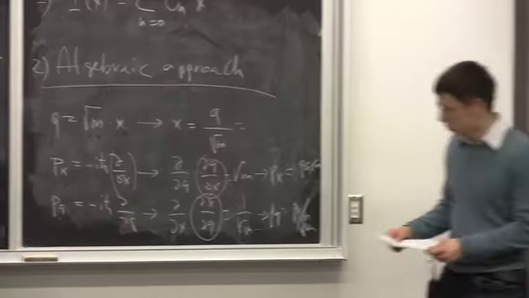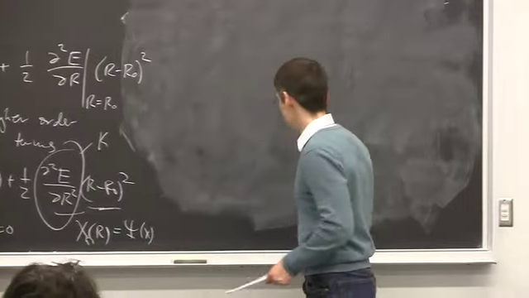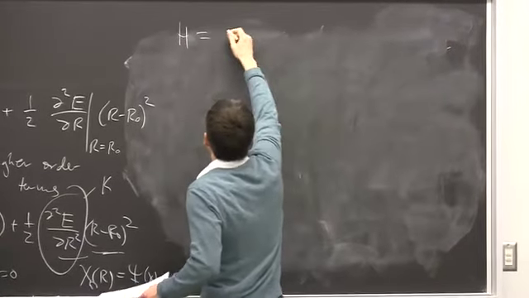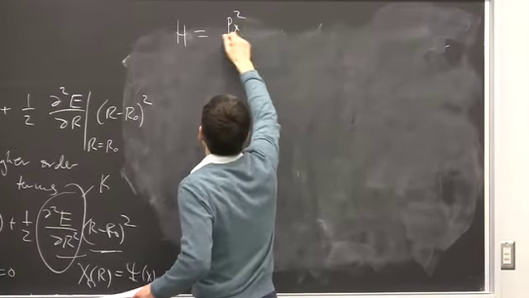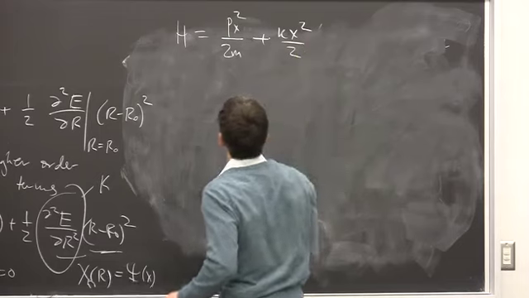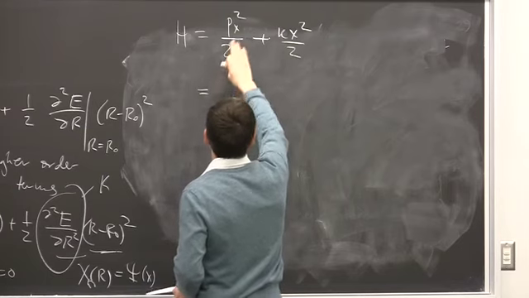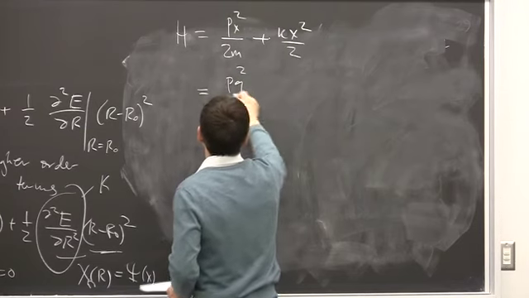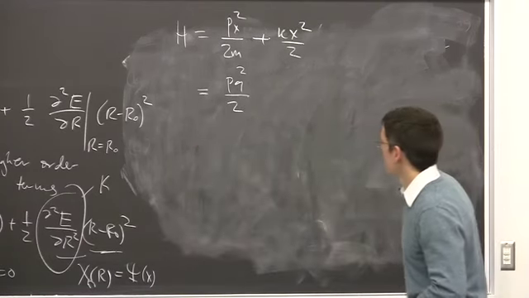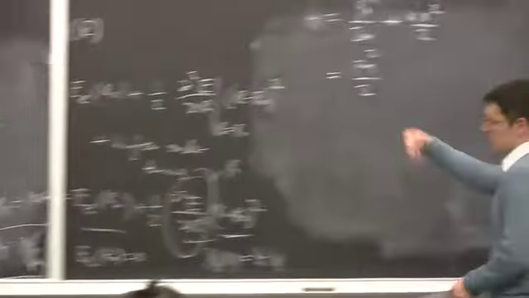Okay? So I'm doing all this not to confuse you, but rather, instead of dealing with the Hamiltonian, which was px squared divided by 2m plus kx squared divided by 2, I can write it down as pq squared divided by 2, because pq is px divided by square root of m.